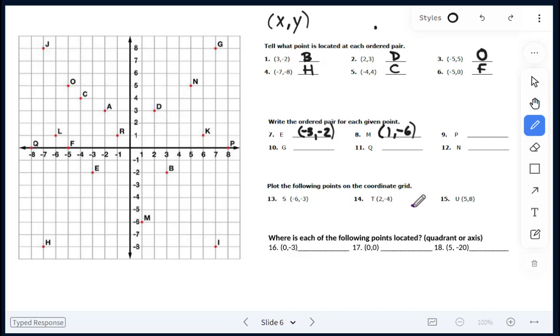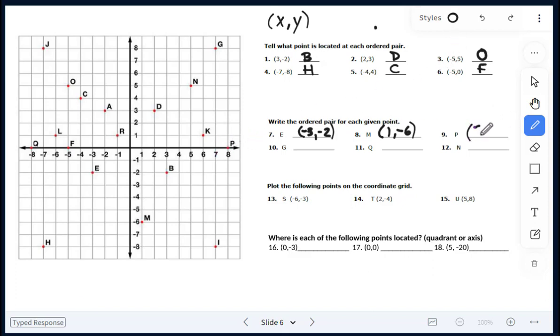Point P, there it is. Okay, so again, your x first and then y. What do you guys think? So point P is here.